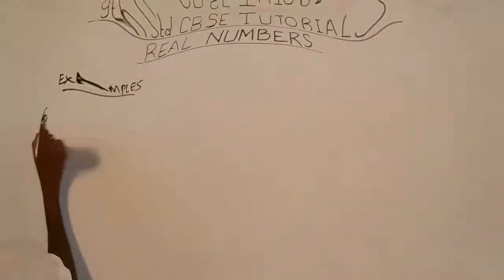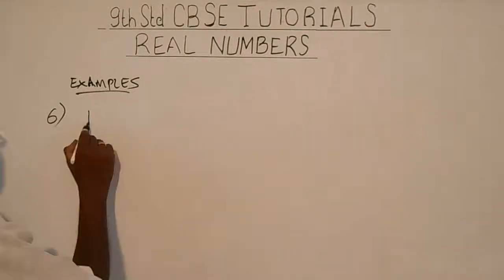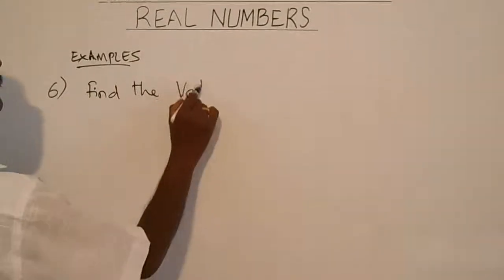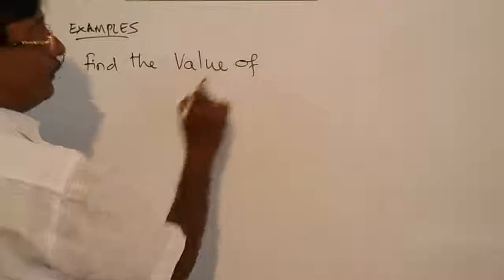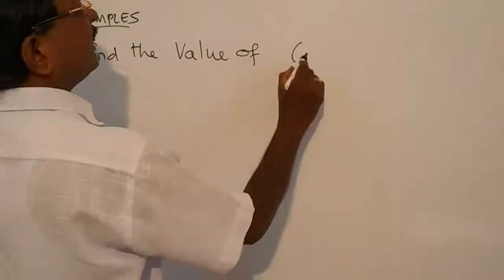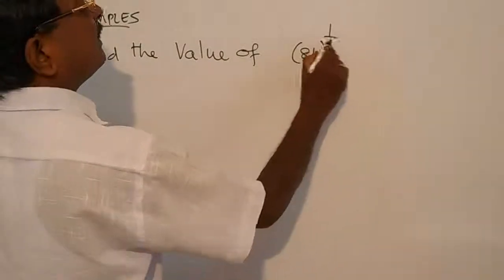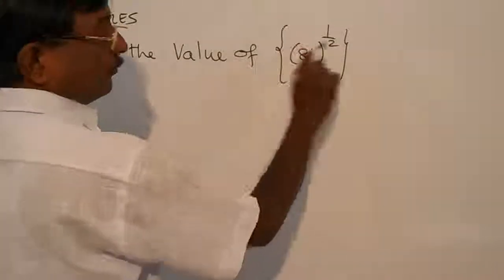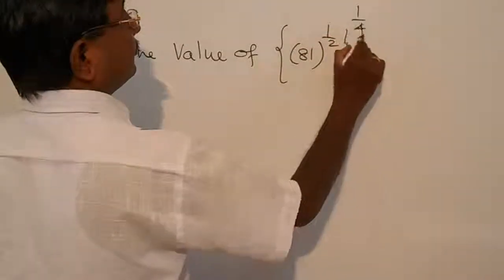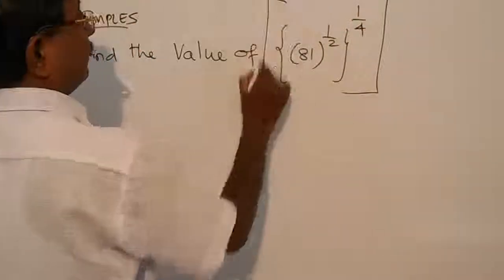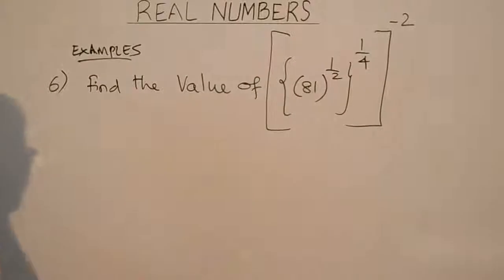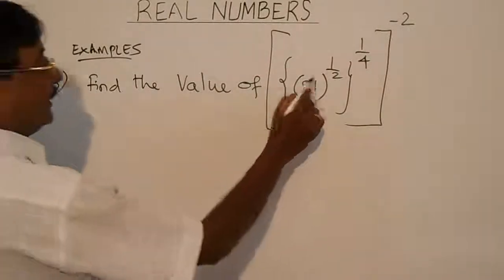The next sum, the sixth one. Find the value of bracket of 81 to the power of half, flower bracket of 1/4, complete bracket to the power minus 2. We keep simplifying each step.